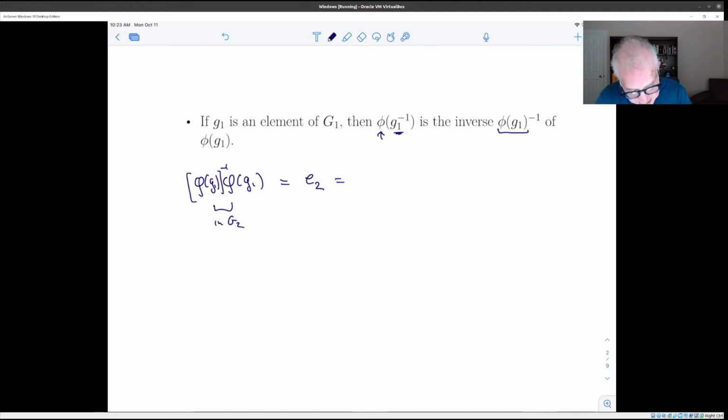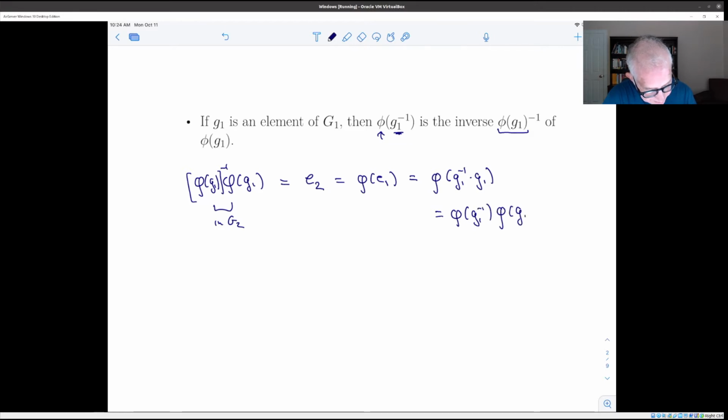But we just showed that's equal to phi of E1, and that's equal to phi of g1 inverse times g1, because g1 inverse times g1 is E1. And by the homomorphism property, that's phi of g1 inverse times phi of g1.